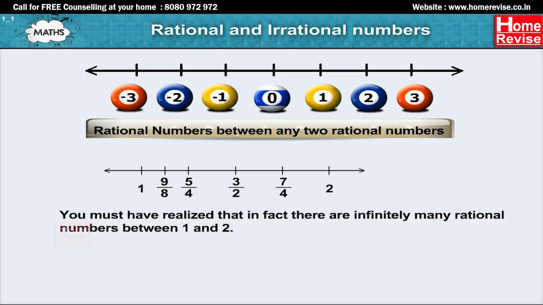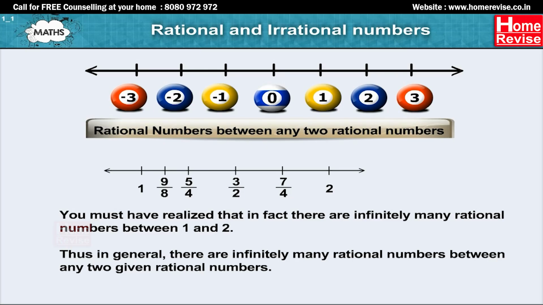I'm sure now you must have realized that, in fact, there are infinitely many rational numbers between 1 and 2. So students, in general, there are infinitely many rational numbers between two given rational numbers.